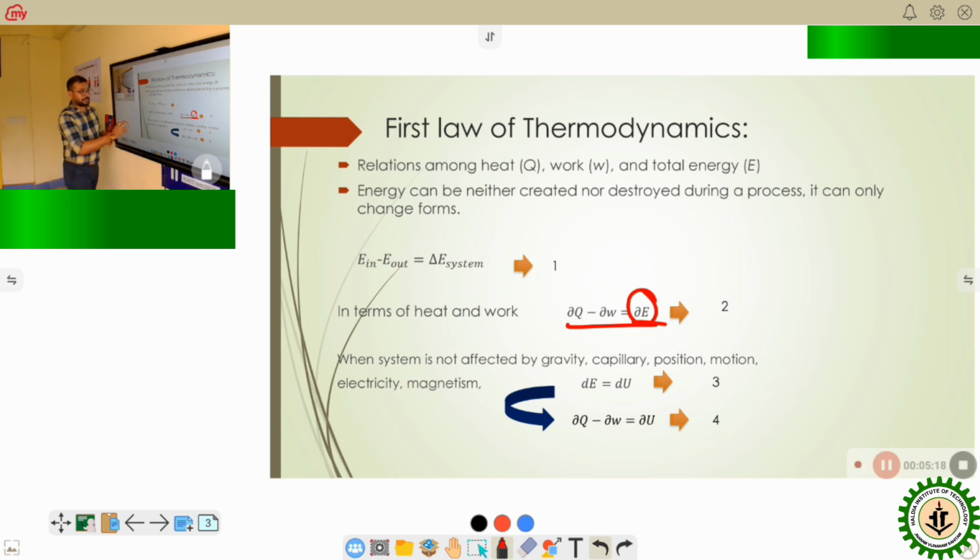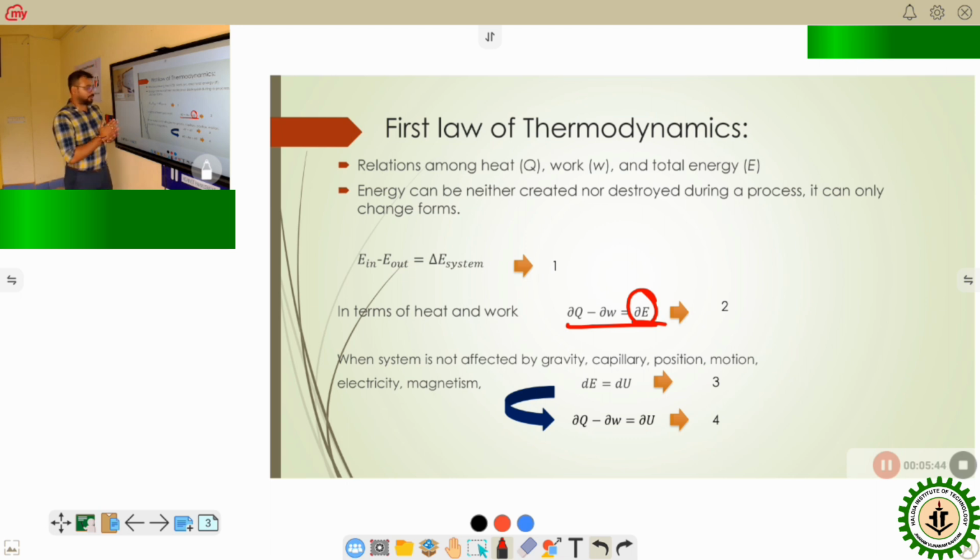Macro energies means those energies which depend on the outer references, and micro energies are totally related with the molecule level. So that dE is the summation of macro energies and micro energies.